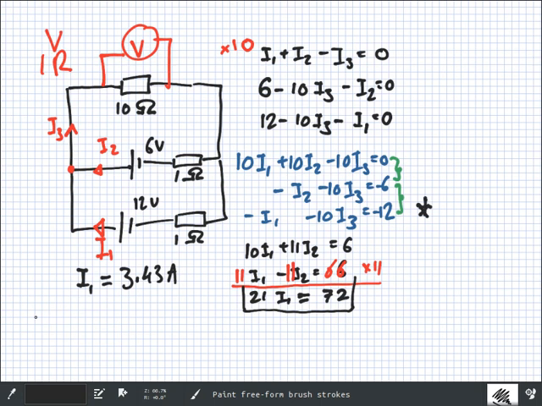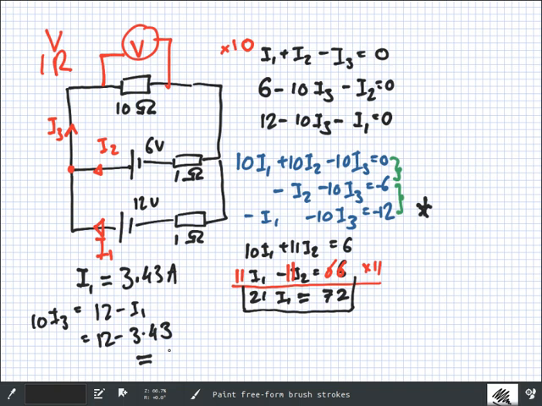So I can get 10 I3 equals 12 minus I1, which is, so George, can you just type in 12 minus the answer you just got previously? 8.57.